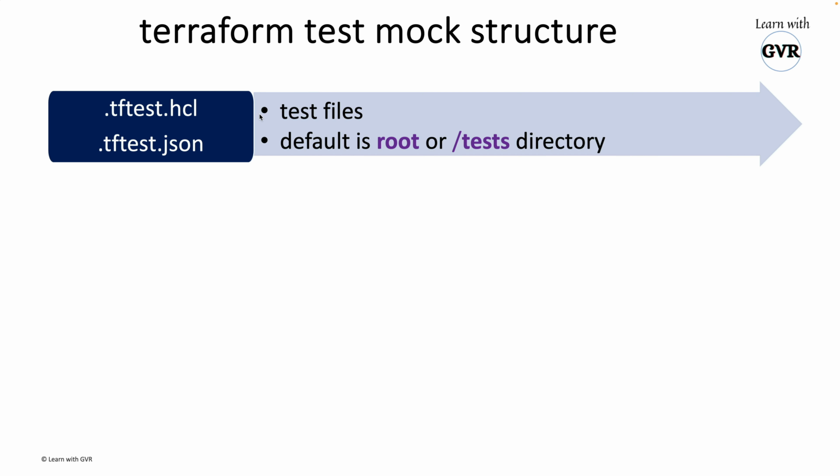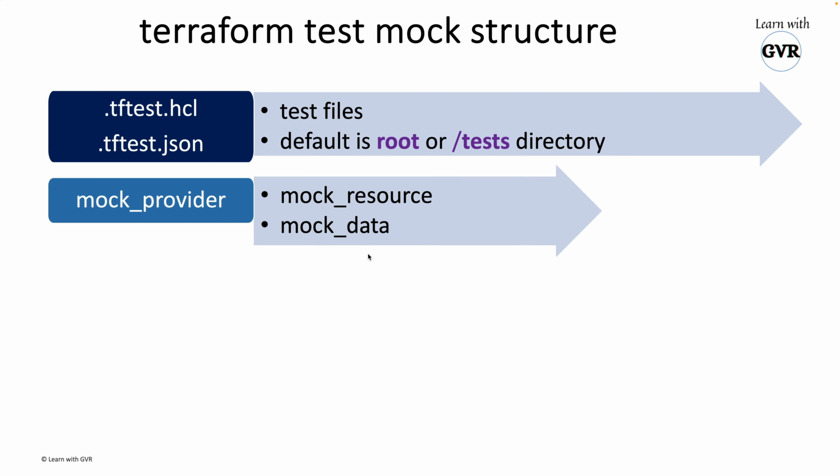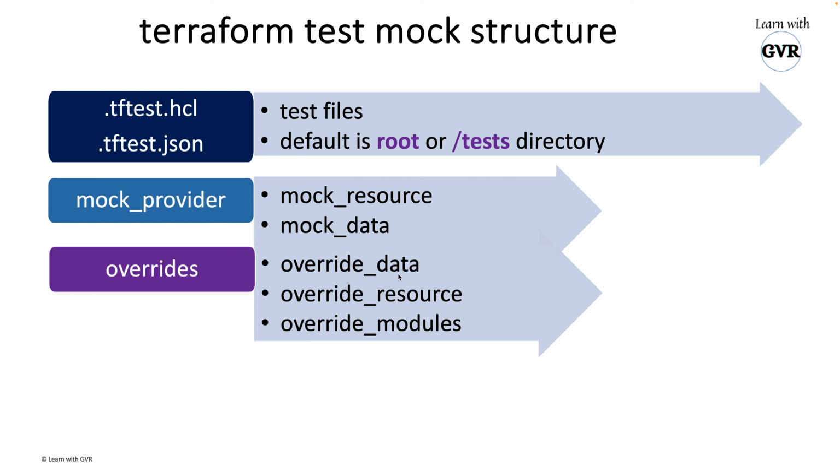All test files refer to this particular extension, tftest.hcl, and you can place them in a root directory, test directory, or any of your favorite directory. There is no compulsory rule, but by default it looks here. If you are creating it somewhere else, you need to specify it explicitly. And a mock provider will have a mock resource and mock data, and overrides will have override data, override resource, override module.